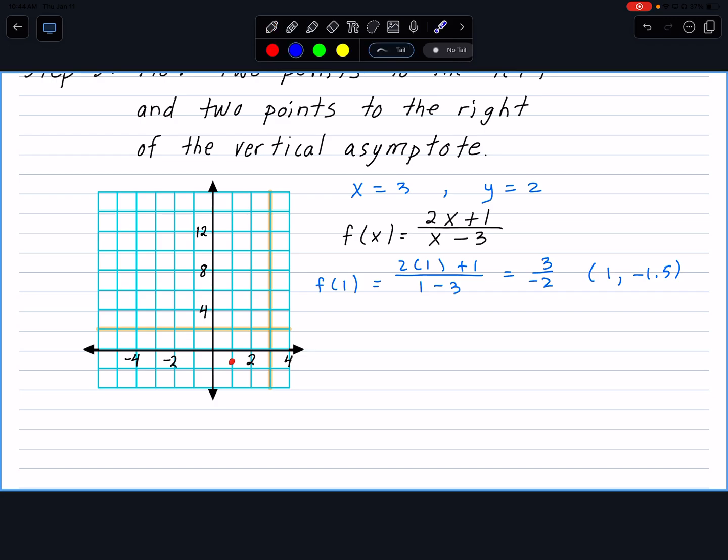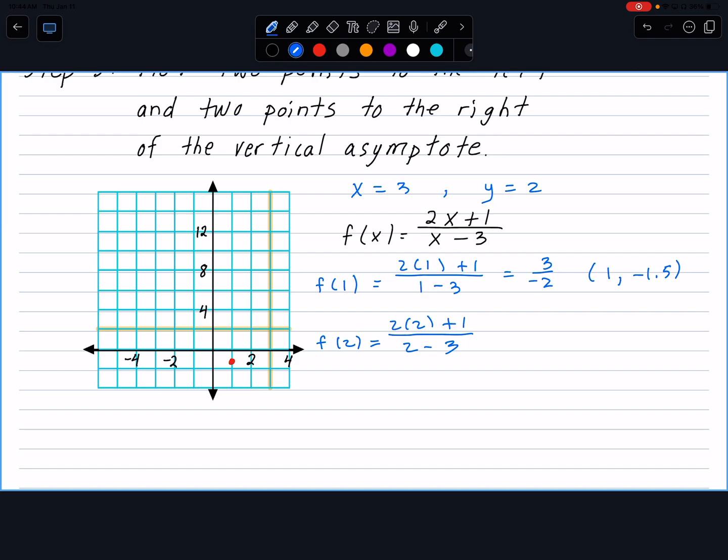I really want to emphasize, because we are using the original function, we have to use the original origin for our points. Okay? Now let's do the next point. We said 2 was also to the left of our vertical asymptote. So I'm going to find f of 2. That gives me 2 times 2 plus 1 over 2 minus 3.